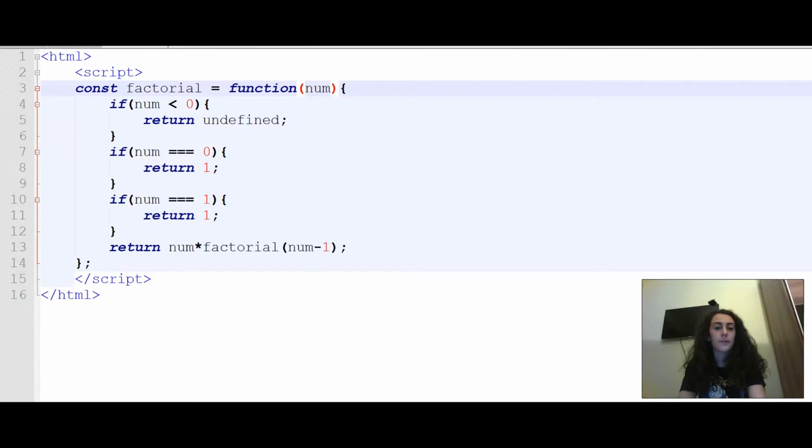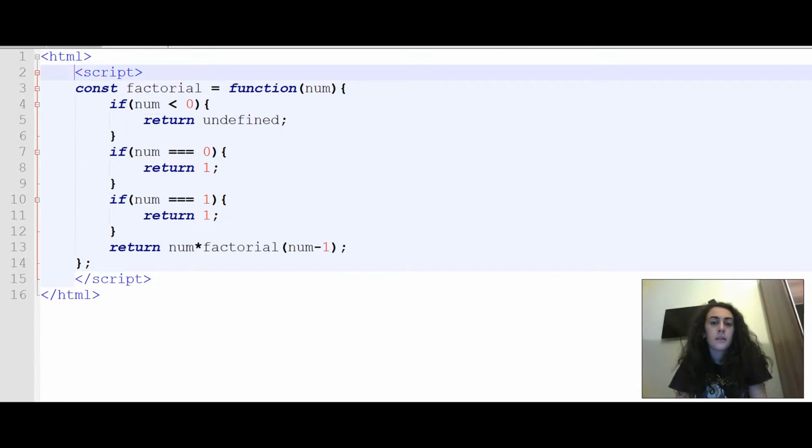In this function, factorial, I'm using exactly the same logic as in the function sum from the previous video. The main difference is in the whole definition of factorial in mathematics.